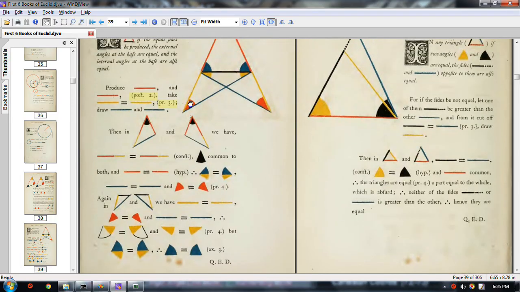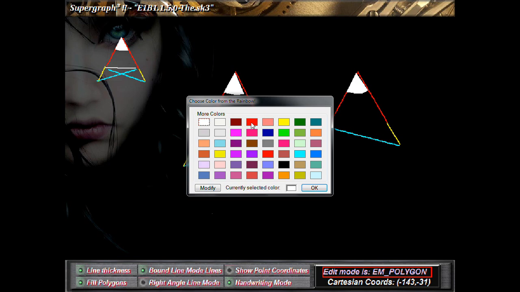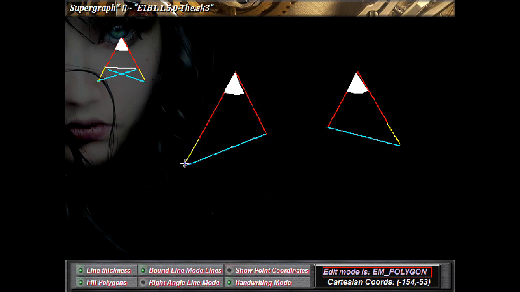Now, these ones are the reds, and they're the same. Everything is the same on these two by the previous theorem.